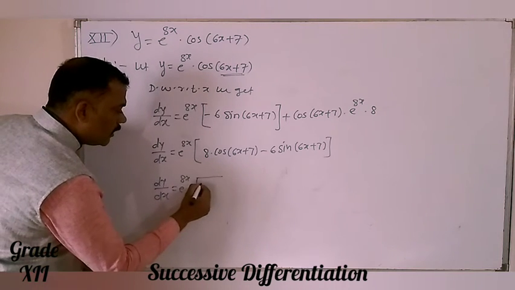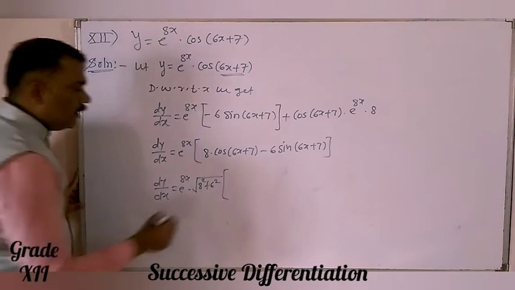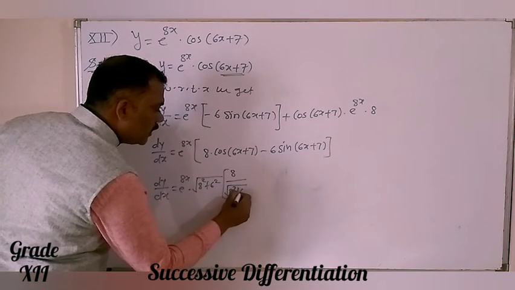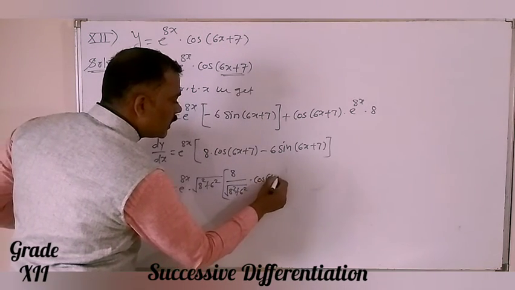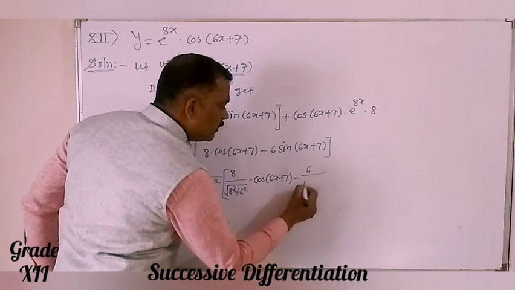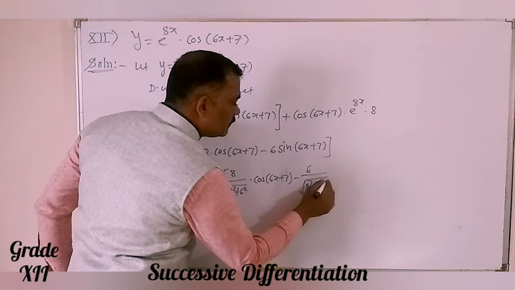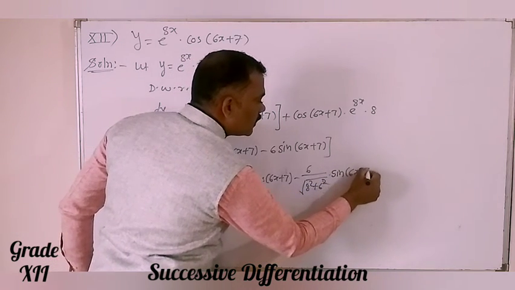I will arrange the term, factor: dy by dx is equal to e raised to 8x into under square root of 8 square plus 6 square. That is 8 divided by under square root of 8 square plus 6 square into cos of 6x plus 7 minus 6 divided by under square root of 8 square plus 6 square into sine of 6x plus 7.